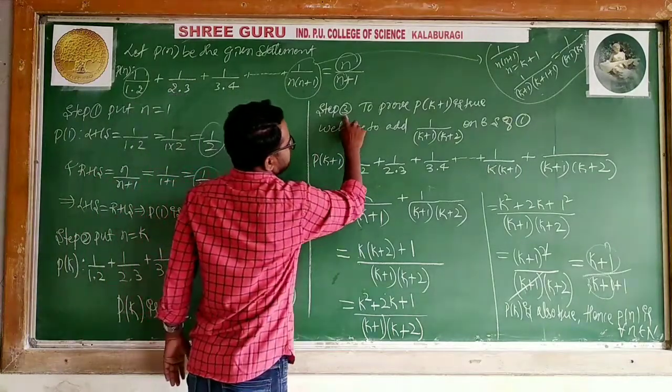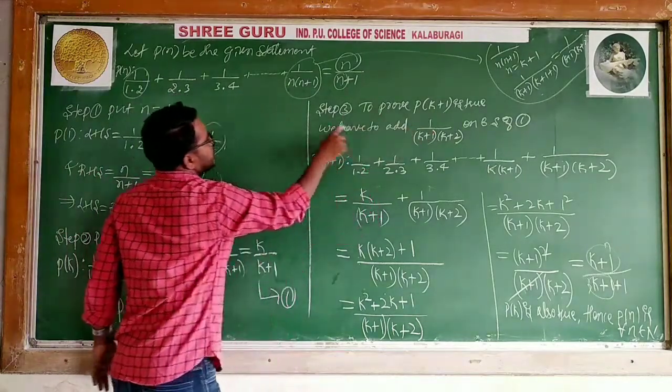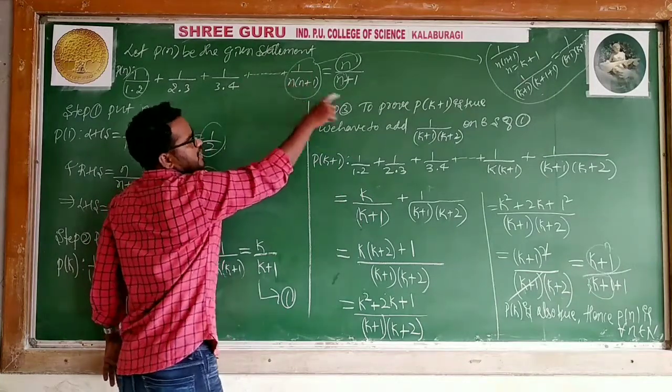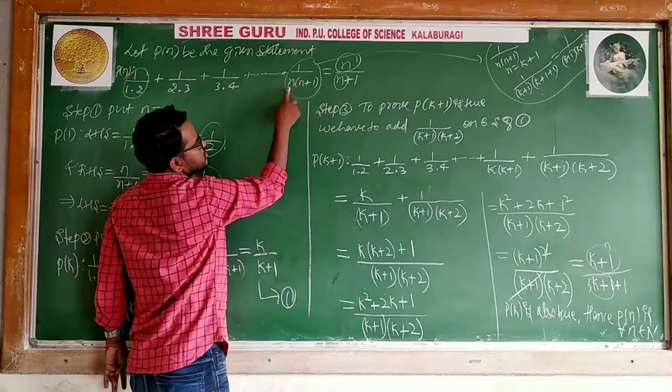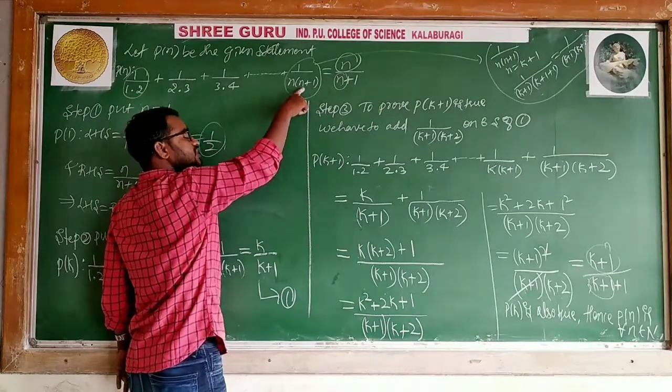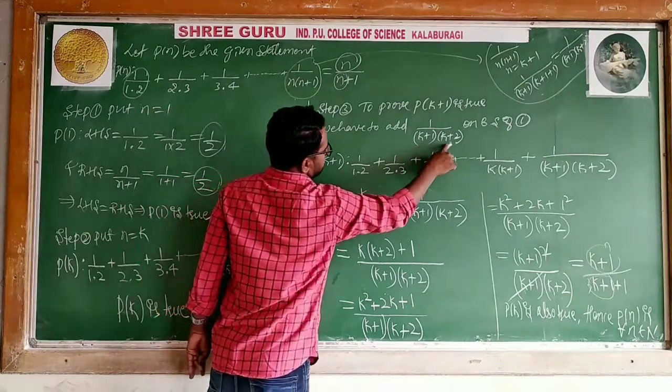It is clear. Step 3, to prove P of k plus 1 is true, we have to add. Addition depends upon the last term every time, 1 divided by n into n plus 1. In place of n you substitute k plus 1, so n plus 1 means k plus 2. The addition term is 1 divided by k plus 1, k plus 2.